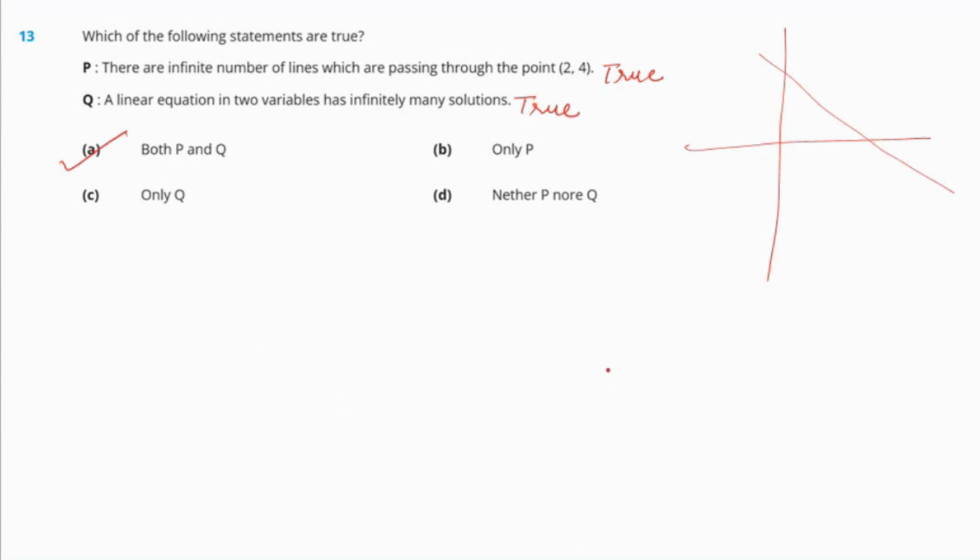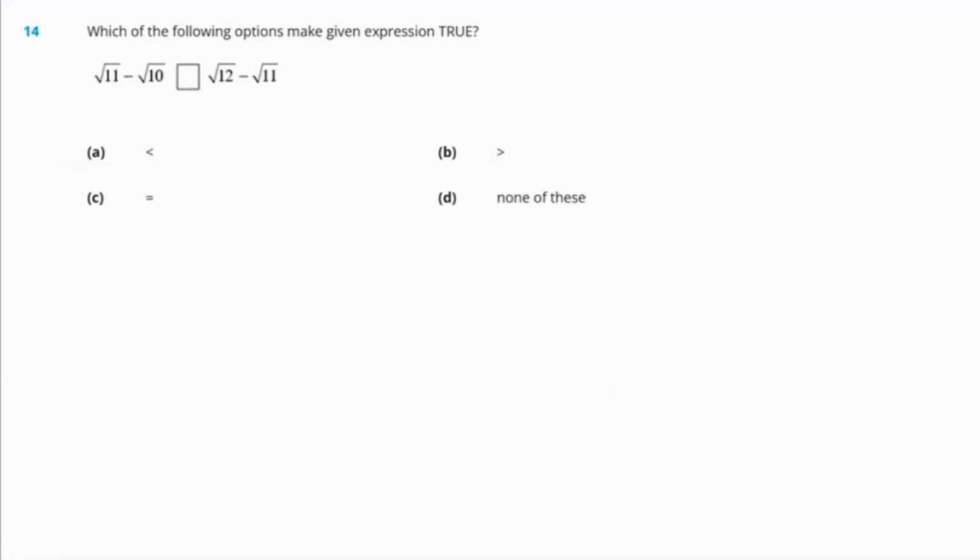Now the next question we have is which of the following options make the given expression true? This we can do in two ways. Either we can figure out the value of root 11 and root 10, then we can put it directly, or what we can do, simply we can solve it like this. Root 11 minus root 10 is given to us.